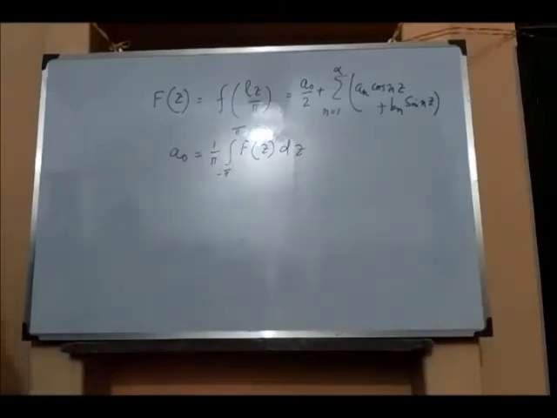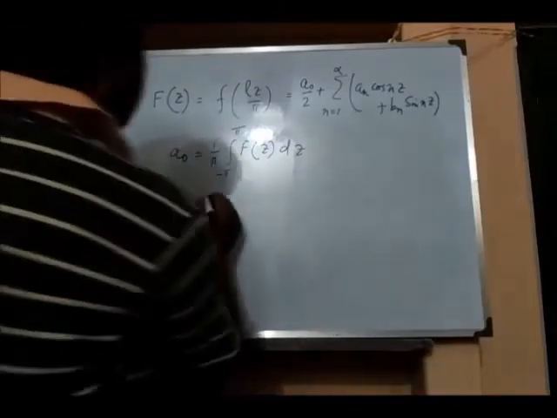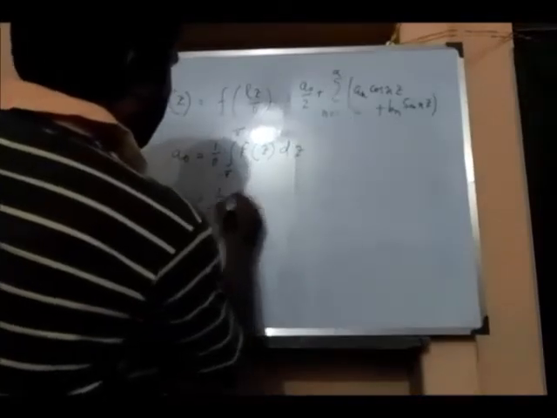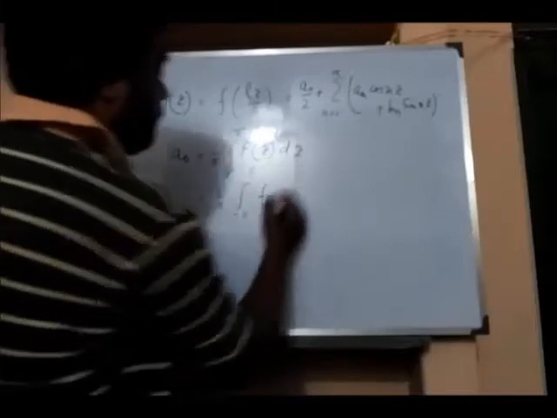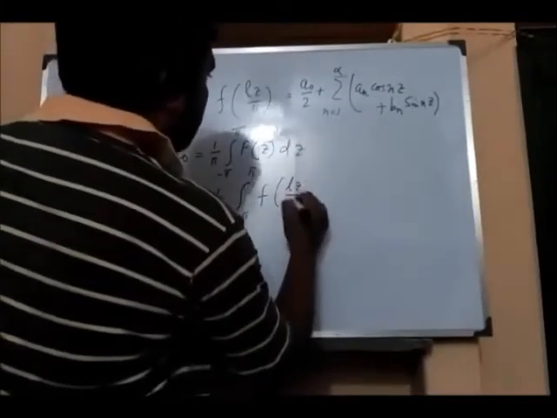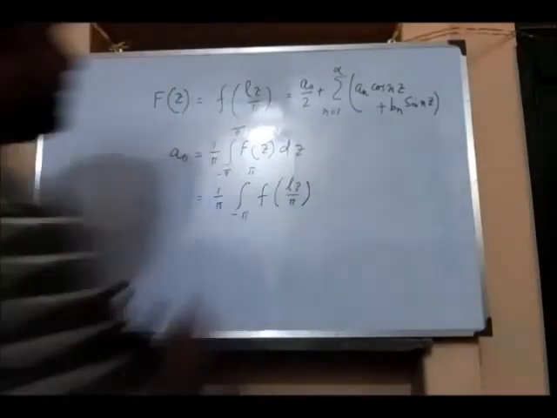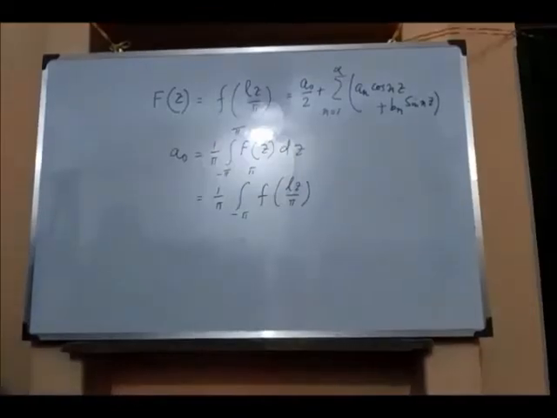So this will be nothing but 1 upon pi, integral from minus pi to pi of f(Lz/pi) dz. The z is replaced by Lz by pi.